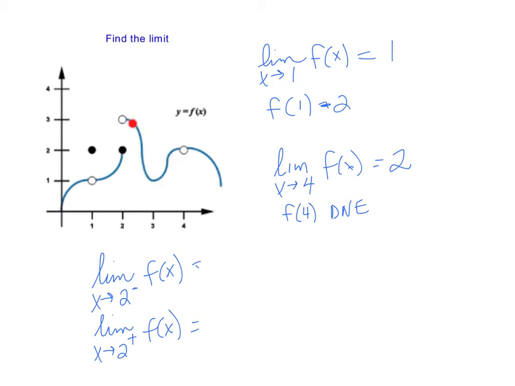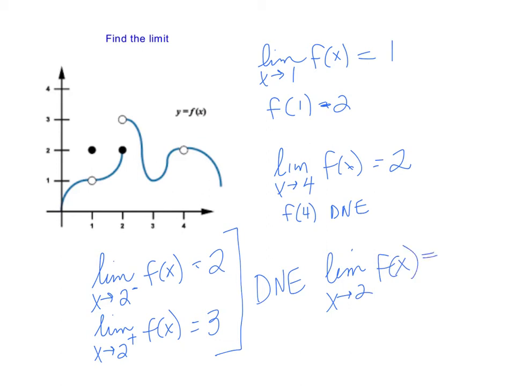But as it approaches from the right, it's 3. So because these are different, they say that the limit as x approaches 2 of f of x does not exist, because they're different from the right and from the left.